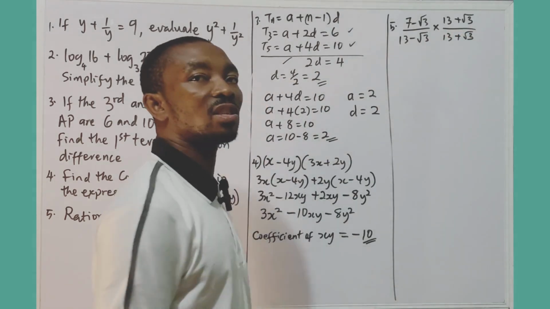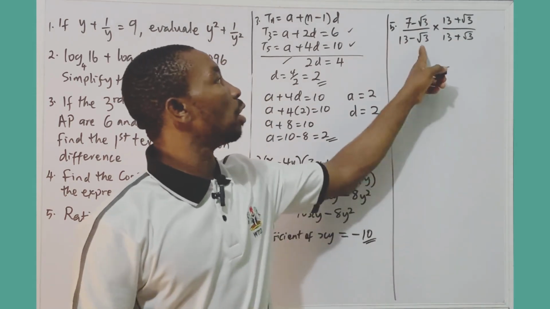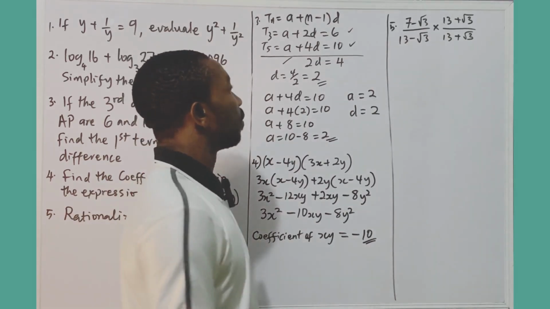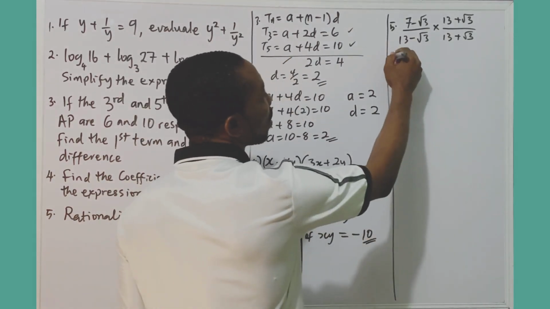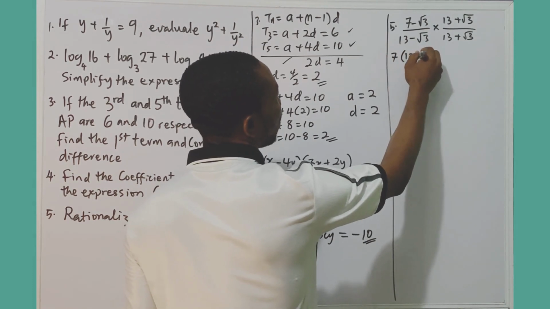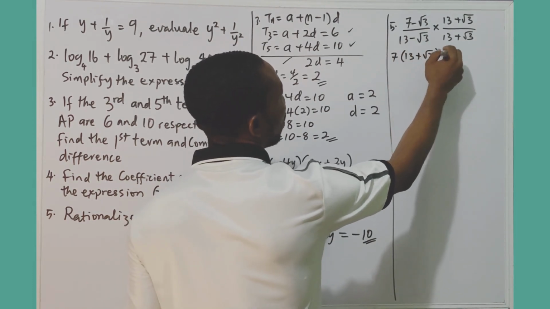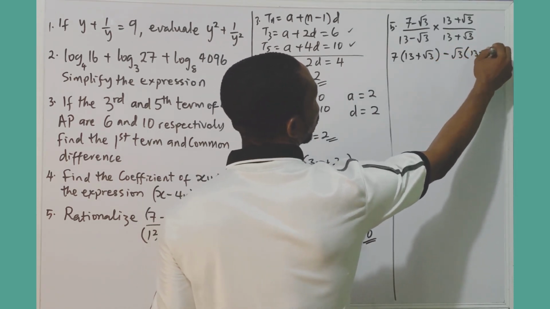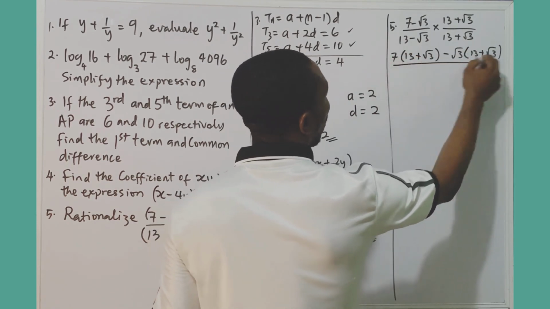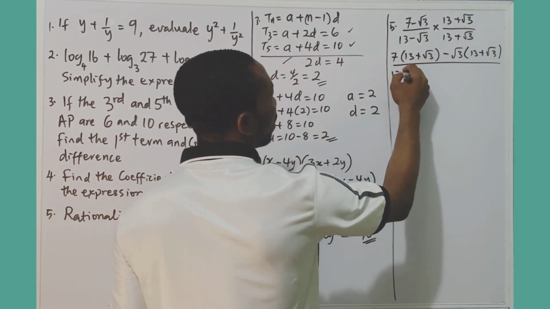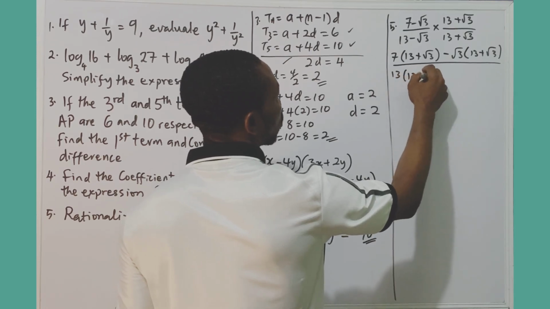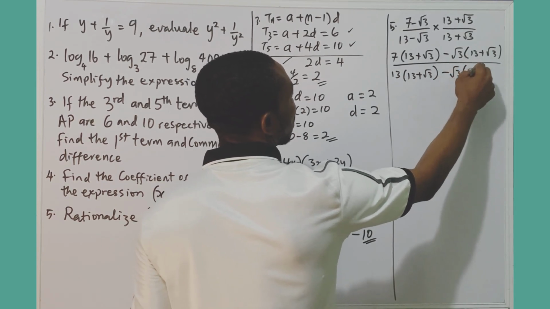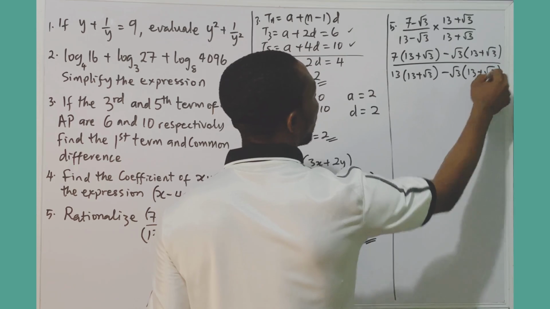Now the essence of rationalizing is to eliminate this root sign below. Okay, now this becomes 7 bracket 13 plus root 3 minus root 3 bracket 13 plus root 3 all over 13 bracket 13 plus root 3 minus root 3 bracket 13 plus root 3.